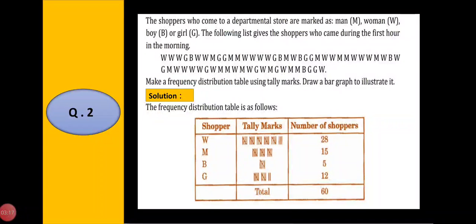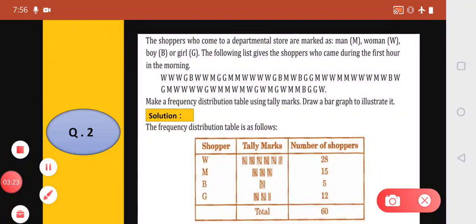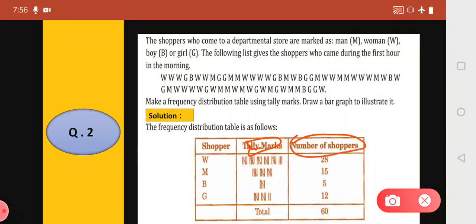So we will divide the table into 3 parts: the first column as the shoppers, the second as the tally marks, and the third one as the number of shoppers, that is frequency. Now as there are 4 divisions of shoppers, that is man, woman, boy, girl, we will list the shoppers as woman, man, boy, and girl.